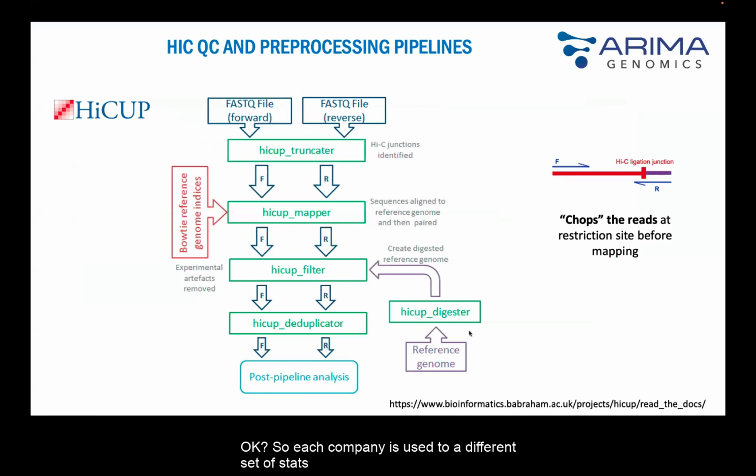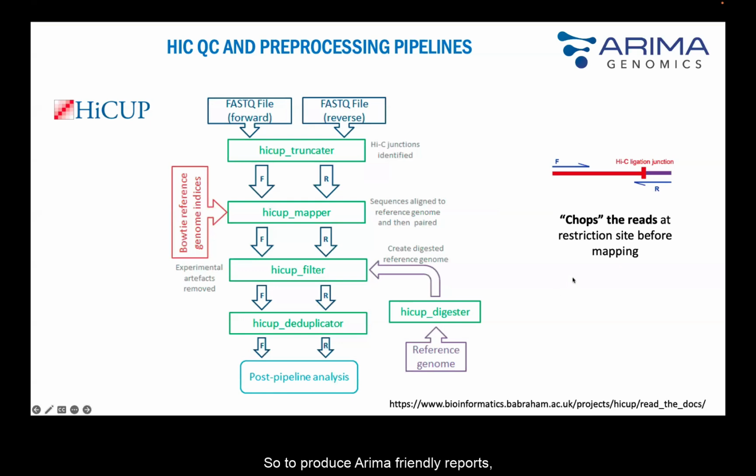Okay, so each company is used to a different set of stats and has internal records that can be compared against our results. So to produce ARIMA-friendly reports, my favorite is to use HiCap. I found that very easy to reproduce and to install the conda environments for different versions.